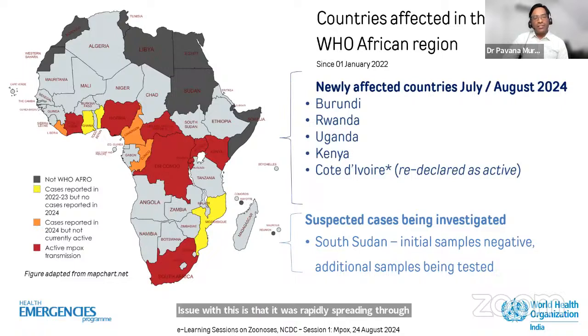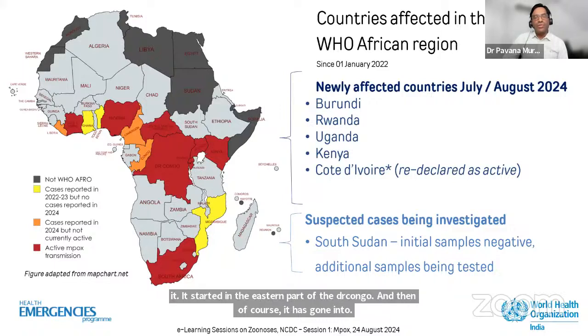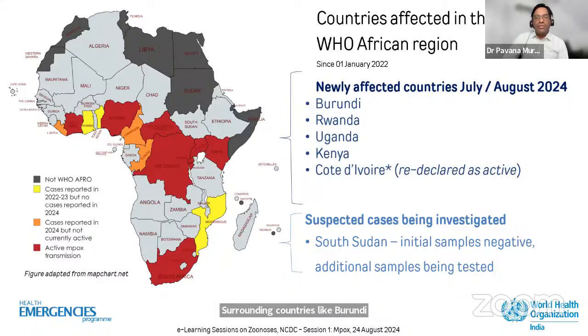It started in the eastern part of the DRC Congo and has gone into surrounding countries like Burundi, Rwanda, Uganda, Kenya, and Cote d'Ivoire, which is re-declared as active. We also have suspected cases in South Sudan, where samples are being tested, and the picture looks like the cases are spreading. That is a concern for us.